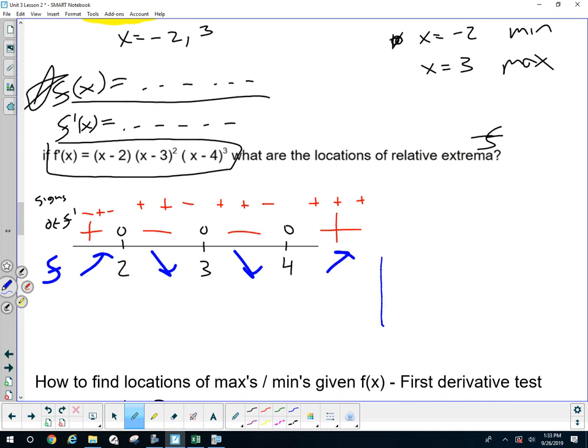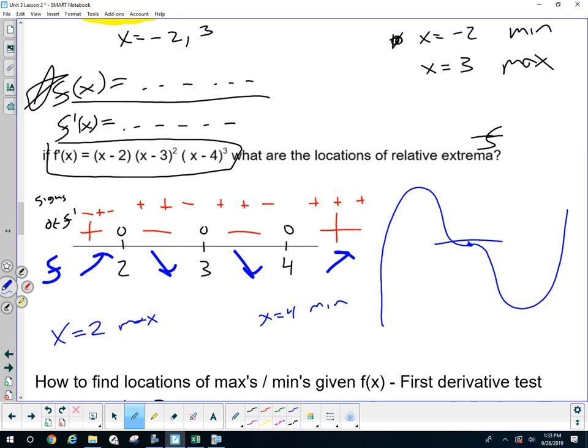We are comfortable with seeing a critical point that is not an extrema. Here is the location of a horizontal tangent that is not a max or a min. That's what's going on at 3. I do have a max at 2. I do have a min at 4. I would say x equals 3 is a neither.